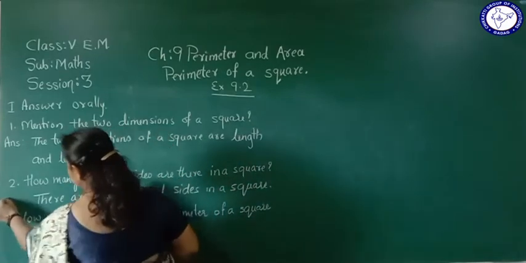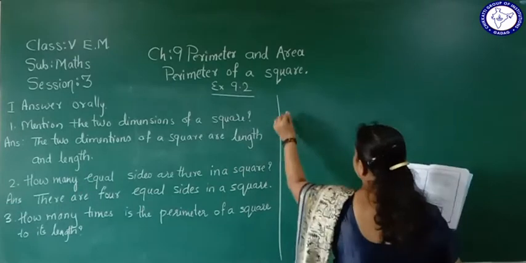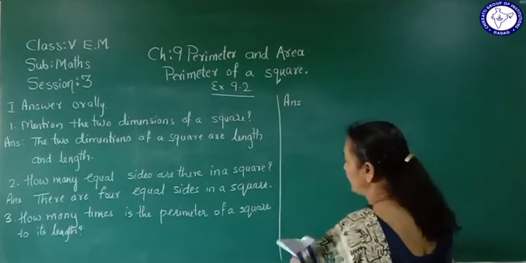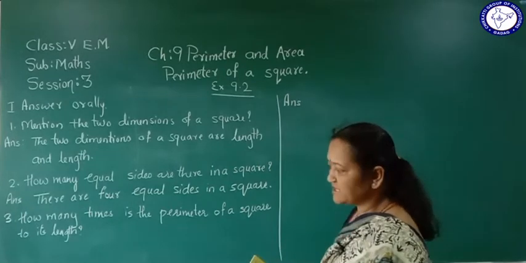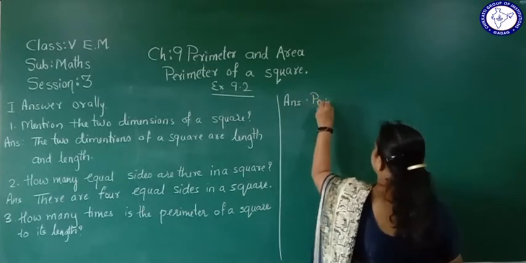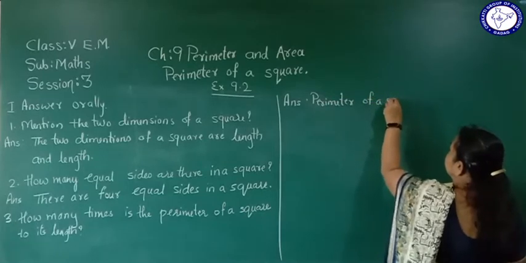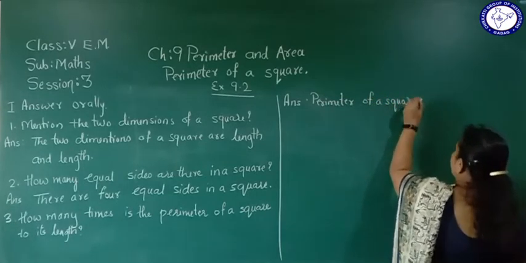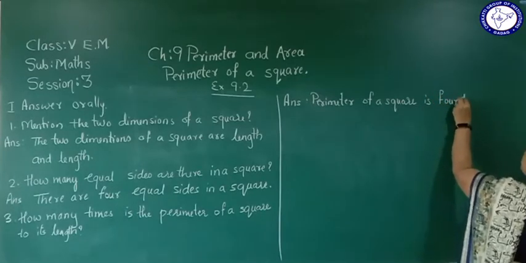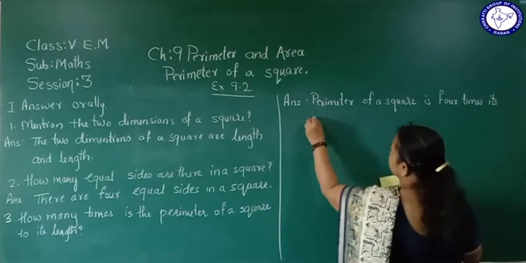This is the second answer. Let me write here answer 3. So here the perimeter of a square is 4 times its length.